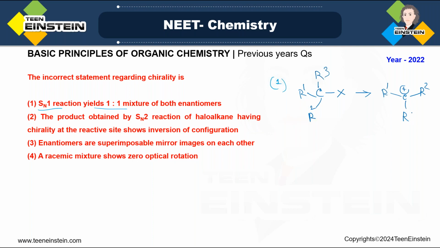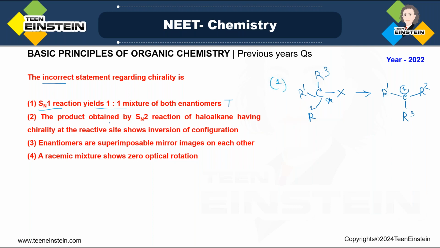So the nucleophile can attack from both sides. Suppose the initial configuration is R, and now the nucleophile can attack from both sides. So you will get a racemic mixture, and the chances of attacking from both sides are equal. So that is why the formation of R and S, both chances are 1:1. So that is why this statement is basically correct. It is true, but we have to find the incorrect one. So that is not our correct option.